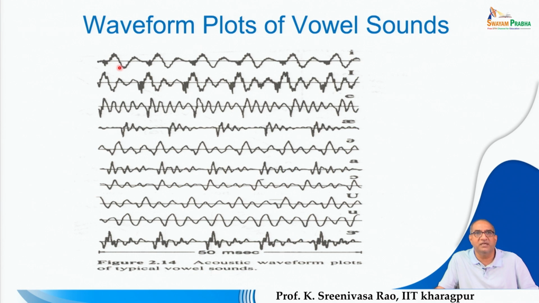A commonality is that all of them are periodic in nature, since all the vowels are uttered by the same speaker. Because of the same excitation mechanism offered by the same speaker, the periodicity is more or less similar.